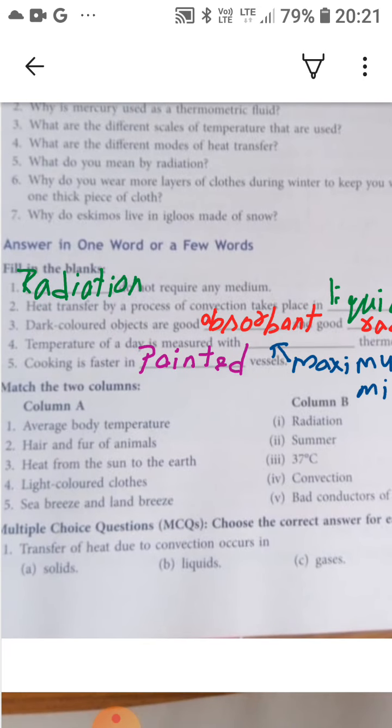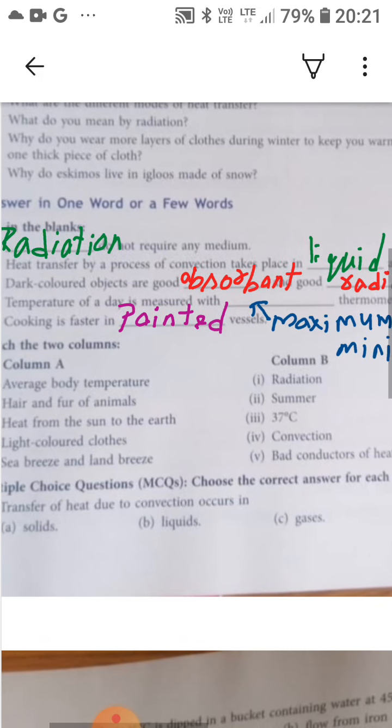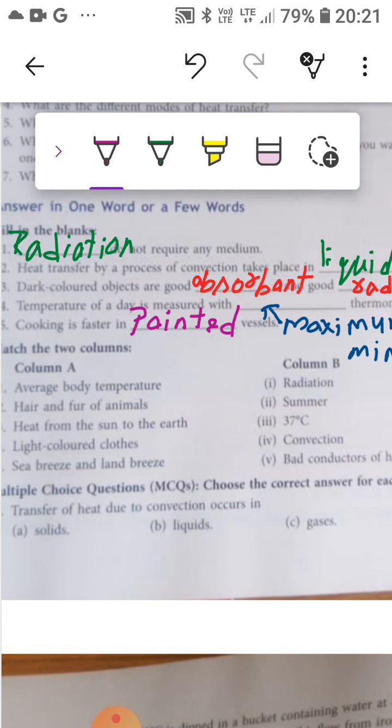So here, okay, first average body temperature 37 degrees Celsius. Hair and fur of animals, bad conductor of heat, heat from the sun to the earth, radiation.